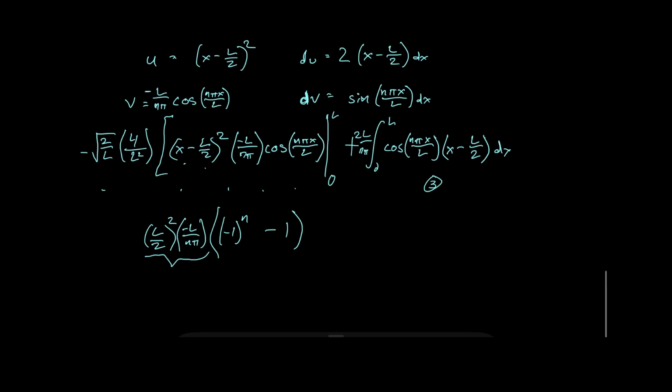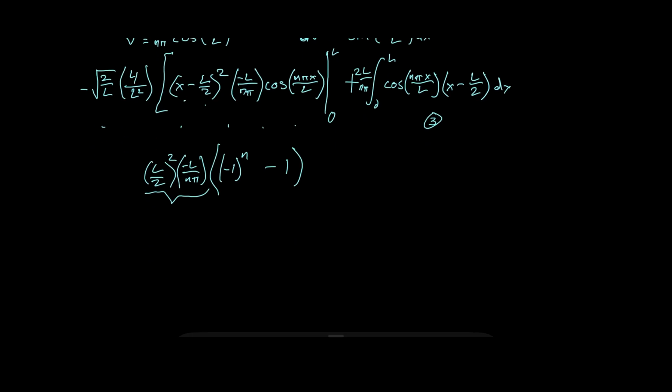So then we just explicitly solve this: L cubed minus L cubed over 2n pi times 4 over L squared, so this goes to 1, and the 4 makes it turn into a 2, so we get positive square root 2 over L, times 2L over n pi.